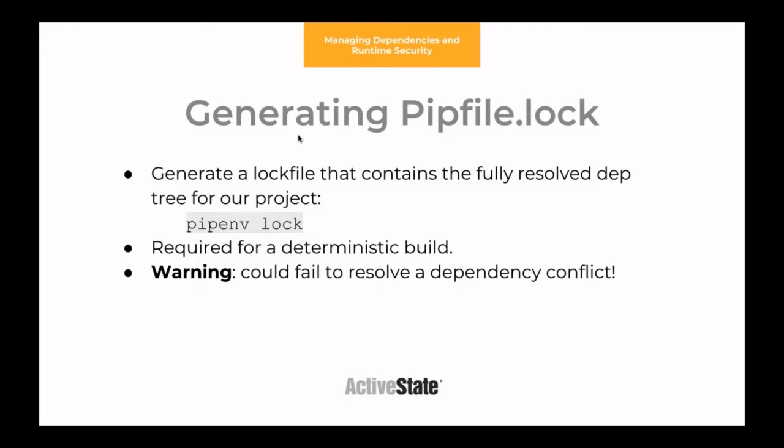Now, I should give you a warning here that it is possible that pipenv lock may fail. It's not guaranteed to succeed. It could fail to resolve a dependency conflict. And what that means is that if package A depends on package B and package C depends on package B, but they depend on different versions, there's no obvious way for it to resolve that.